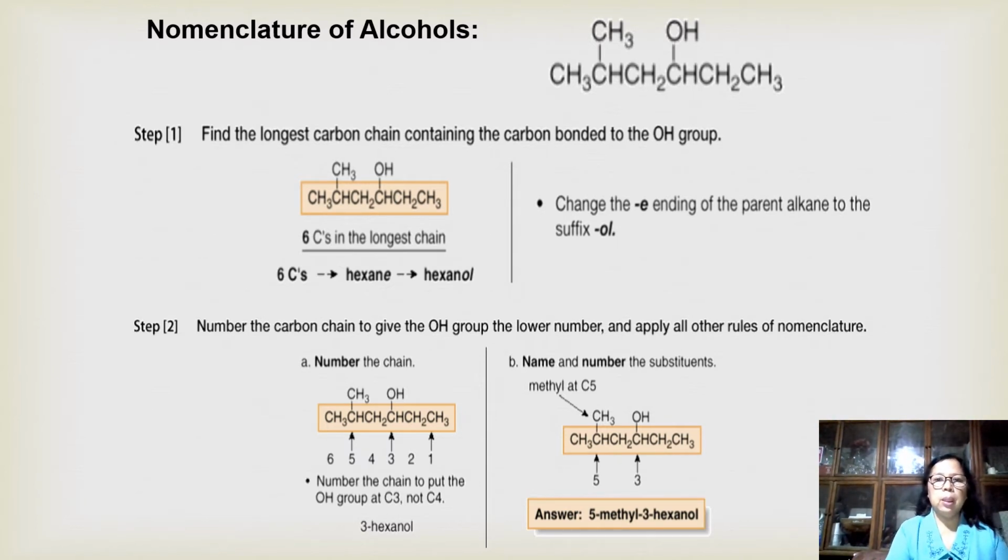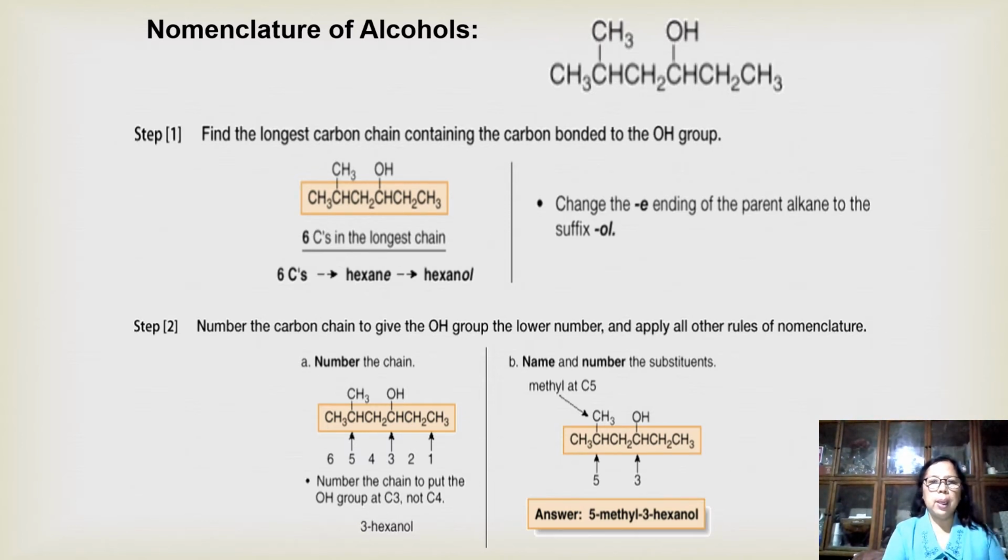Again, you check for the presence of an alkyl group. So you could have here one alkyl group, the methyl group. Now, after determining the longest carbon chain, the next is you have to number. And numbering starts from the carbon that is nearest to the functional group OH. So in this case, the numbering of carbon is 1, 2, 3. If we start here, 1, 2, 3, 4, that is wrong. So the OH group is found in the third carbon.